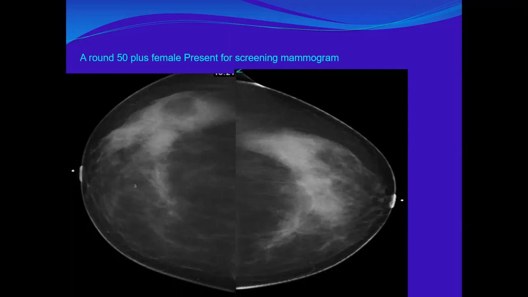Where? In the left breast. Left breast, but where? In the central and inner. You mean this? Yes. Concentrate, concentrate.